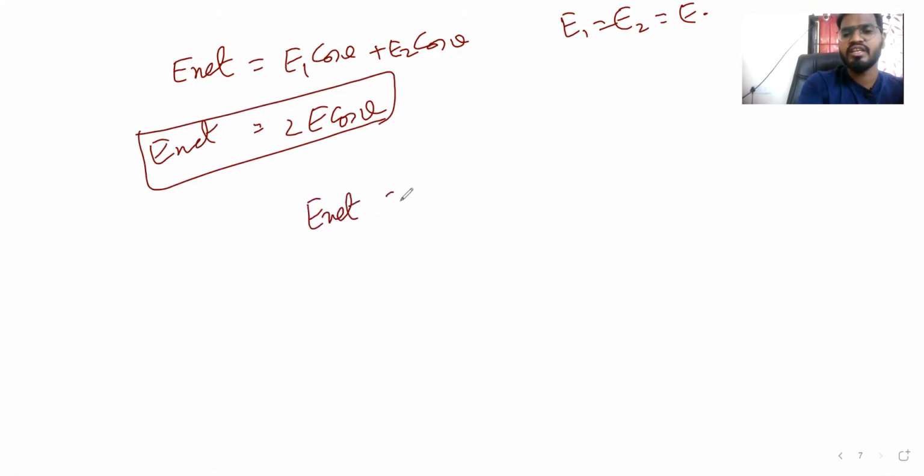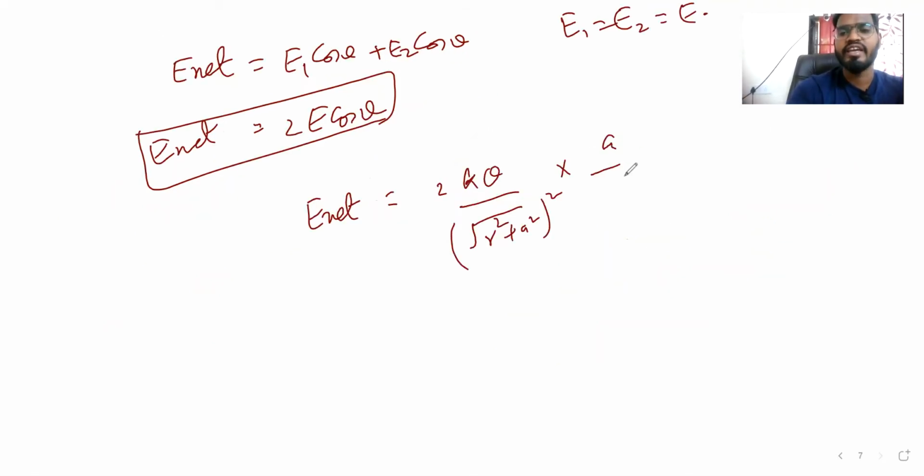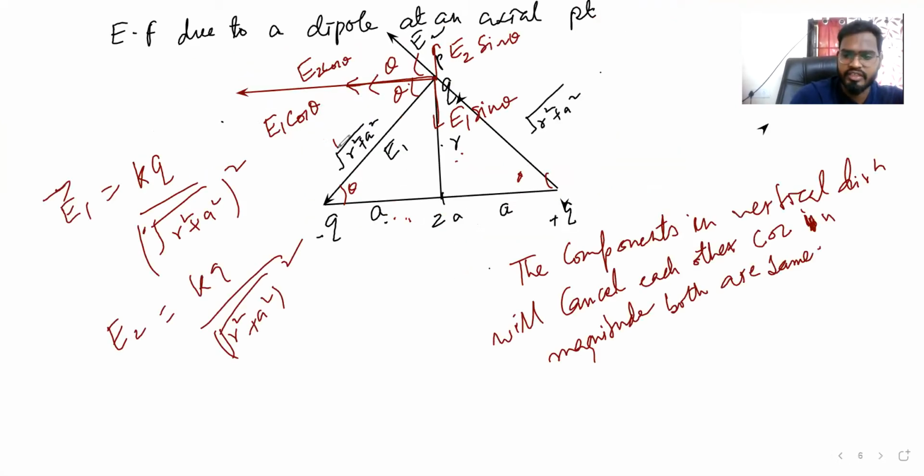E net is equal to 2E, where E is kq by r square, and r square is r square plus a square to the whole square, into cos theta. Cos theta is base by hypotenuse, so a by r, where r is root of r square plus a square.